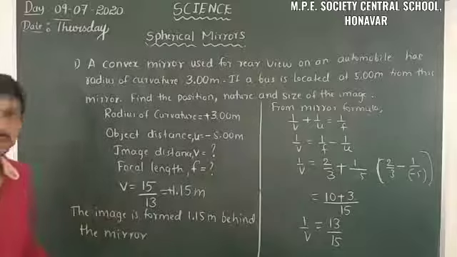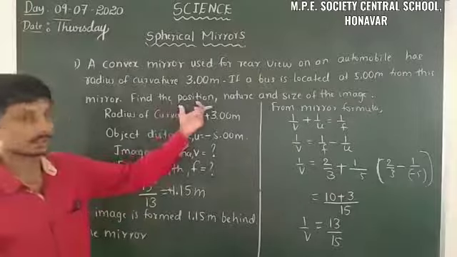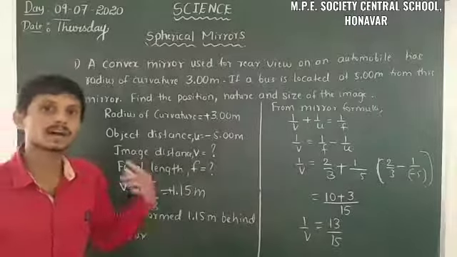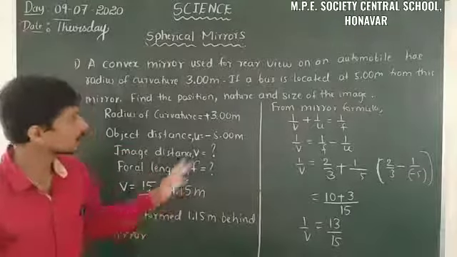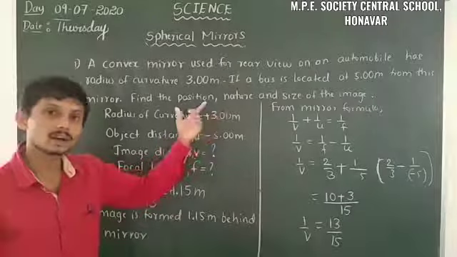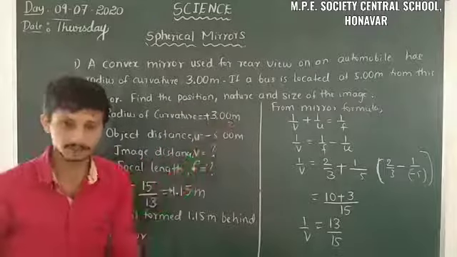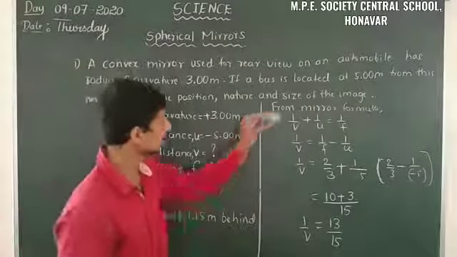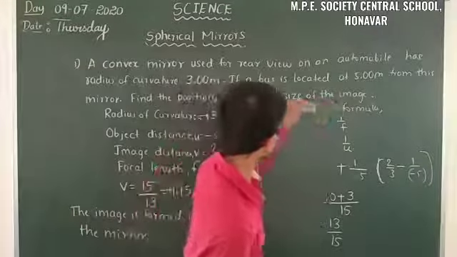Yes, so we got the position. Then we have to find out the nature. So what is the height of the image? Just compare by taking the magnification. We have to measure what is the nature and what is the size of the image.